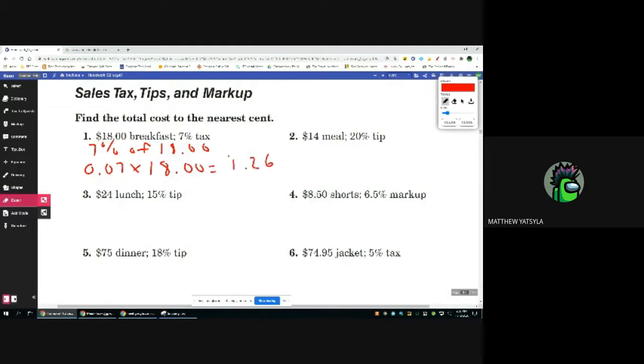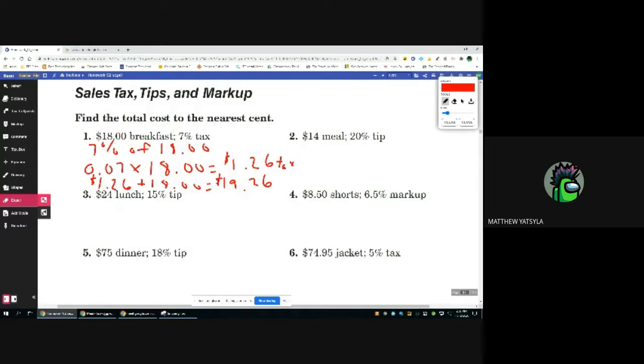Now this is just the tax. I would then take that $1.26 and add it to the $18 and I would pay at the register. My total price would be $19.26. Don't forget my dollar sign.